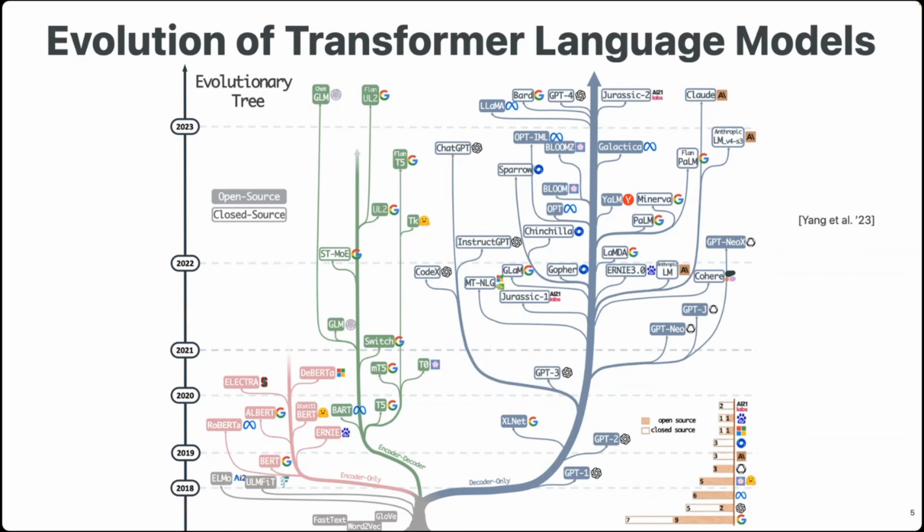If you can't see the source code, like BARD and GPT-4, versus LLaMA, which is labeled as open source, you can see the source available somehow.